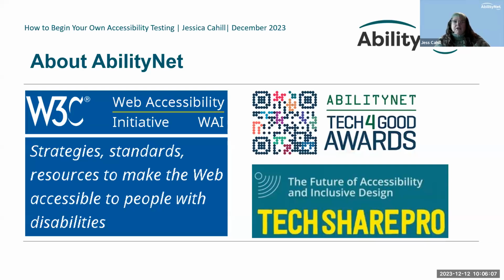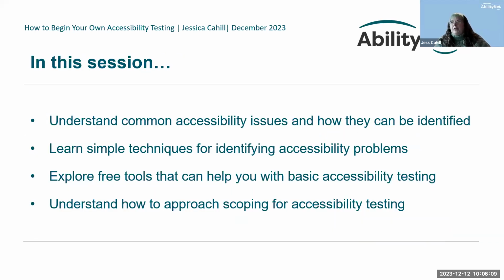So in this session, hopefully you know something already about accessibility. We're going to look at some practical examples, and I'll be using the AbilityNet website and also a few other sites to show you how we look for issues using some free tools. You might want to follow along on your own website or the website of your choice, or possibly have a go afterwards with the recording. And so you will learn how to understand some common accessibility issues and how to identify those to help you get a basic understanding of the accessibility of your website or other web product.